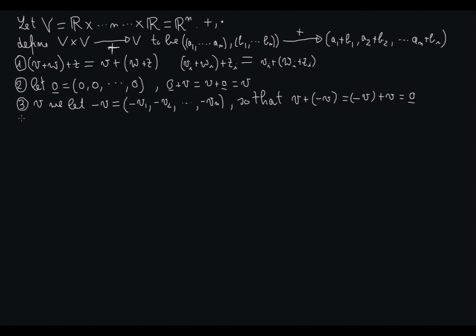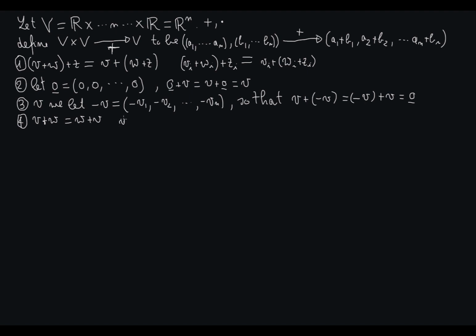Now the fourth property is commutativity, which reduces to the following equality: is v plus w equal to w plus v? Let's look again at the ith coefficient of the left hand side and the ith coefficient of the right hand side. What will we get?